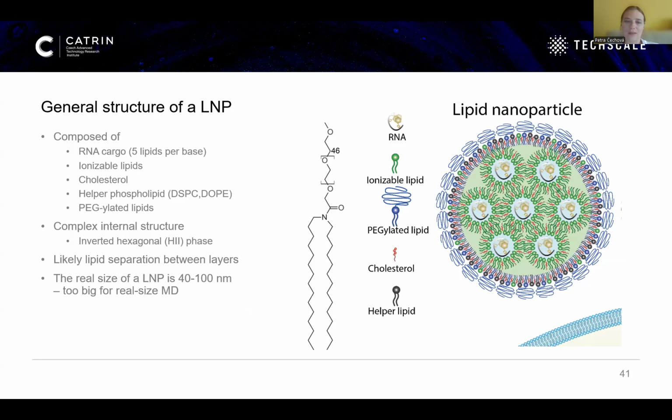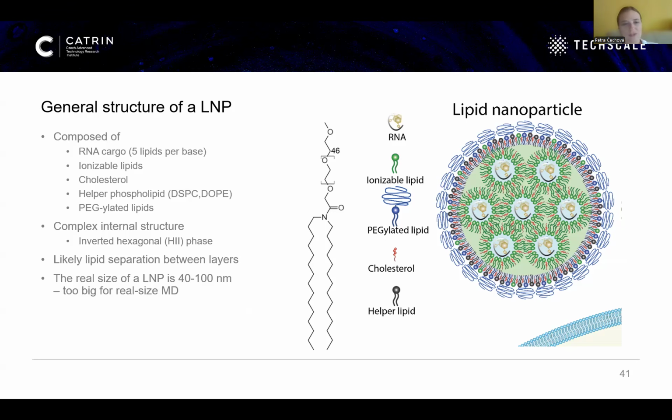Because if you have a normal phospholipid bilayer and you have 30% of cholesterol in there, it's already pretty firmly in the liquid ordered phase. But here there's almost 40% of cholesterol in some cases. So there is a lot, comparatively.